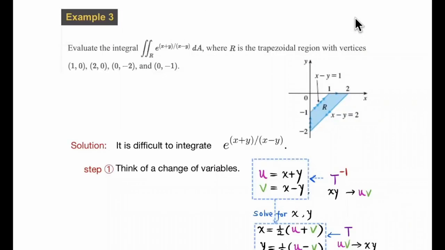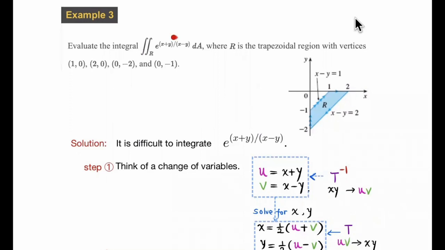Okay, the next example, evaluate this integral where R here is this region like a trapezoid with vertices here, here, here, and here. Let's look at this function that we integrate. It is difficult to integrate this function.